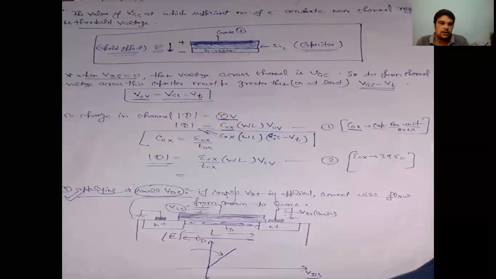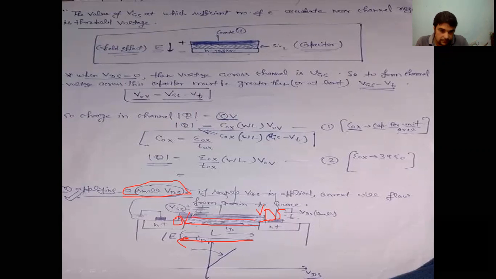Okay. Now, if I apply a small VDS, then the channel is linear. The shape of the channel is not changing if I am applying a small VDS. In that case, an electric field will act here, because this is your VDS and this is your zero voltage.